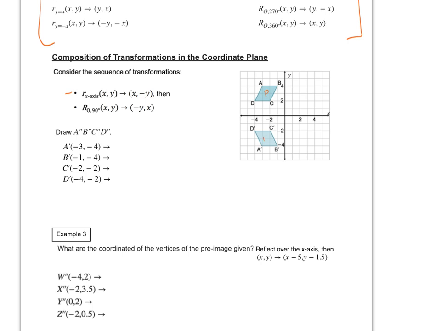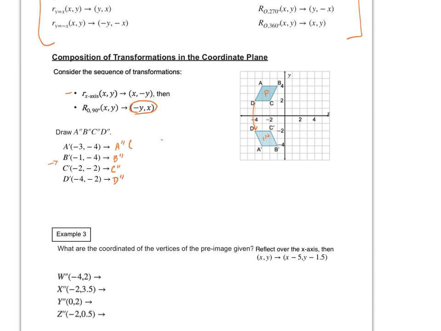This is my first transformation where I reflected over the x-axis, and now I want to rotate 90 degrees. So I want to get to A double prime, B double prime, C double prime, and D double prime.